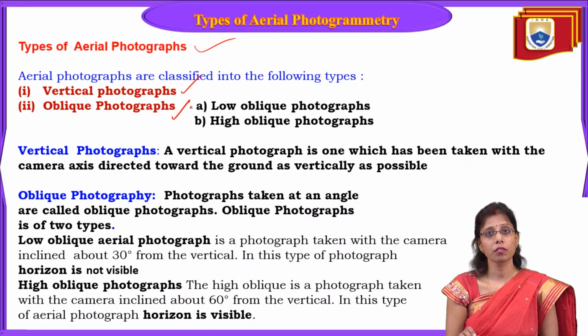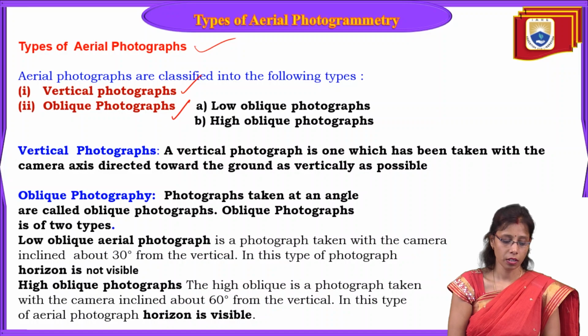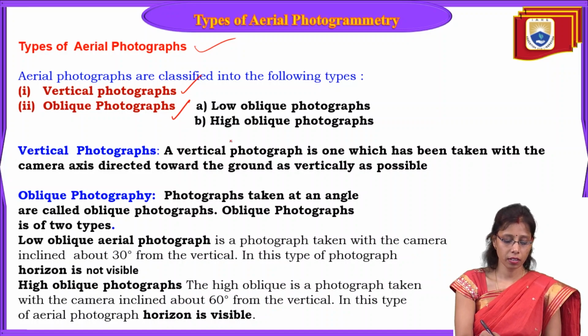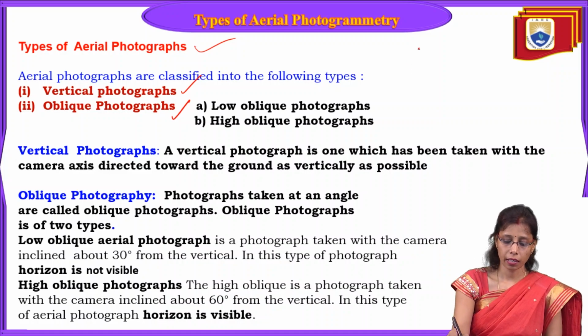These are the two outputs of aerial photogrammetry in the form of photographs. Vertical means exactly vertical to the ground surface. Say the flight is here, the camera optical axis is here, and the ground surface is here.